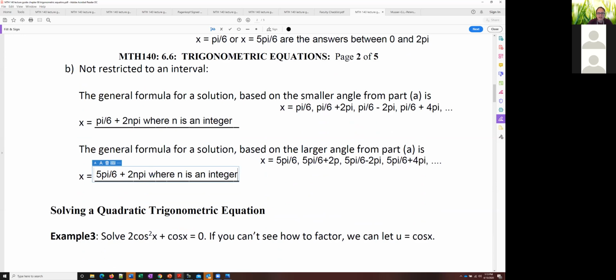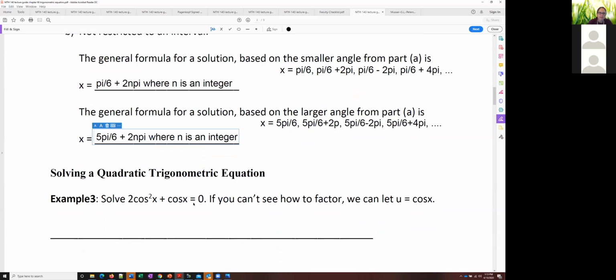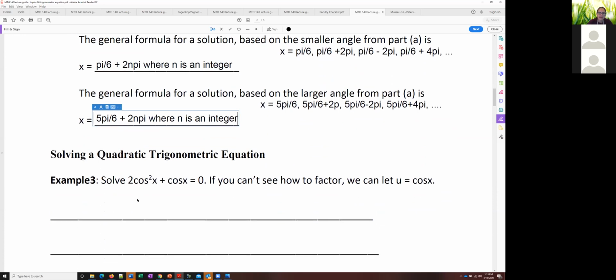Okay, next, we're going to take a look at solving a quadratic trigonometric equation. So you might be able to look at this and factor it the way it is. If you can't factor it the way it is, one thing that you can do is use u as cosine of x. So if u is cosine of x, then u squared would be cosine squared of x.